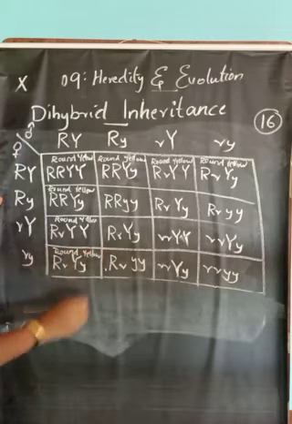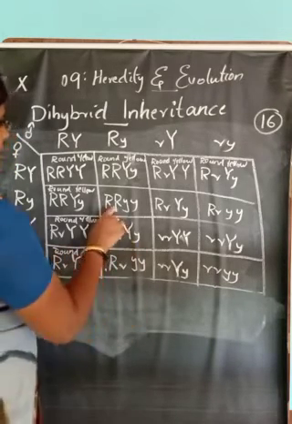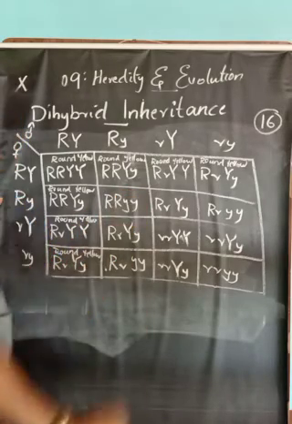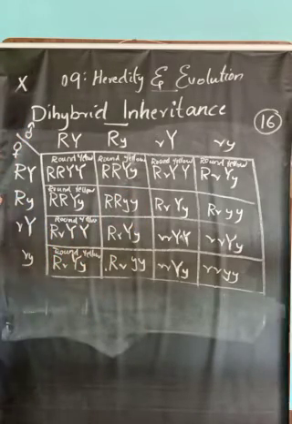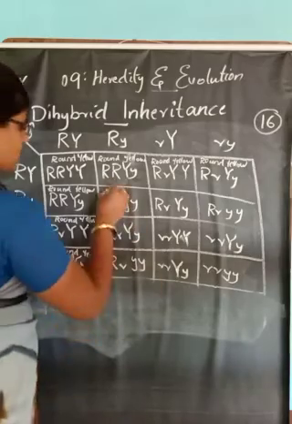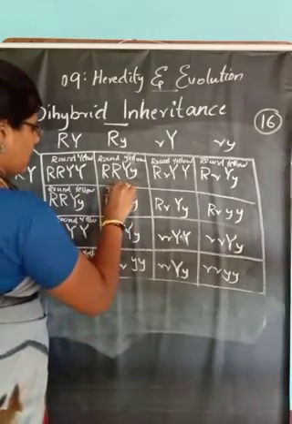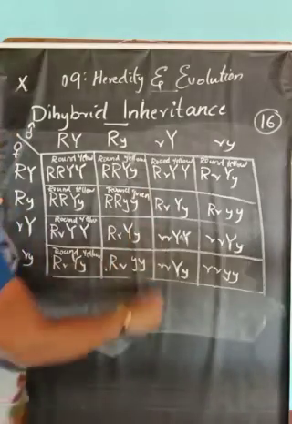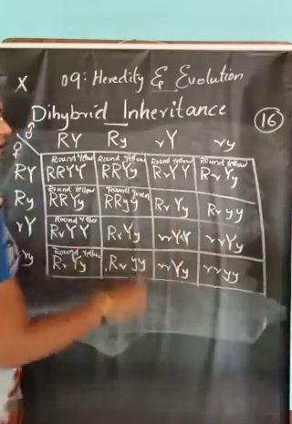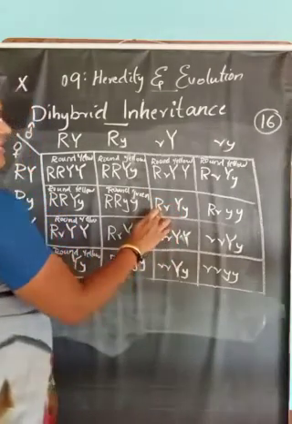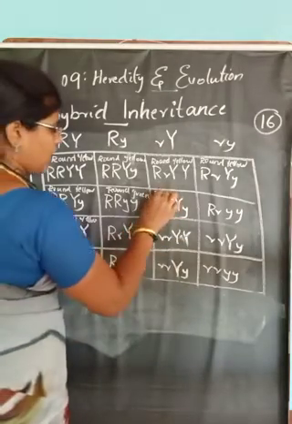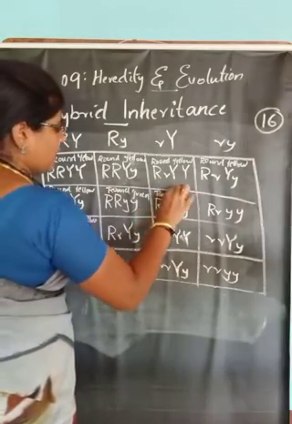Then what about this? This is round green. Why? Because there is no capital Y, so obviously it will express as green. Then what will this be? This is round yellow. Why? Because there is a single copy of capital R and a single copy of capital Y. So it will express as round yellow.